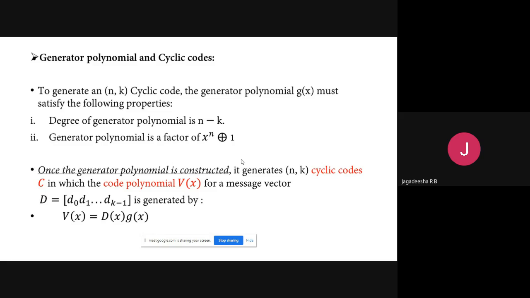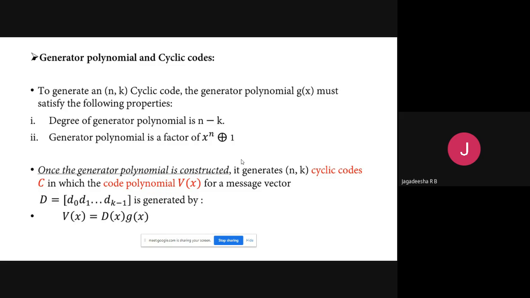Next, once the generator polynomial is constructed, it generates n comma k cyclic codes, C, in which the code polynomial v(x) is of a message vector. This is just a representation. How do we do that? First, we need to have a generator polynomial. When we choose it, it should exhibit those two properties.